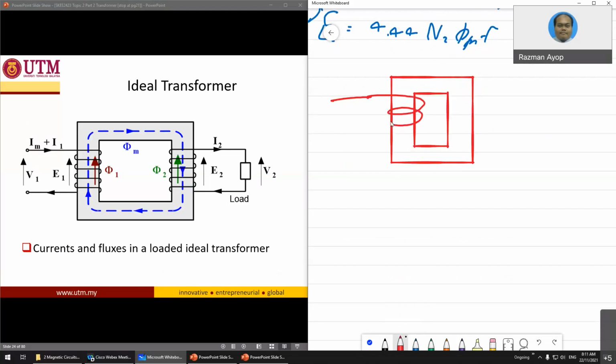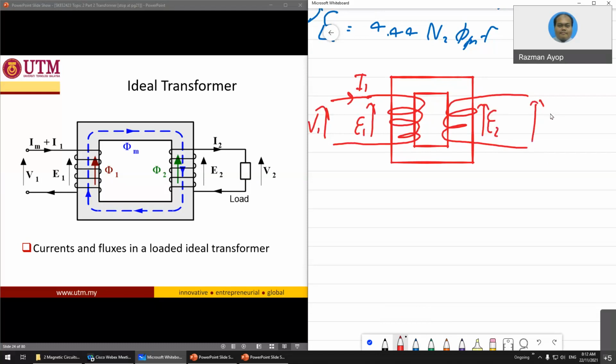Do the winding here and the winding here. This is I1, this is V1, this is E1. This one is E2, this one is V2, this is I2. Make sure you know the notation. This one is the flux.